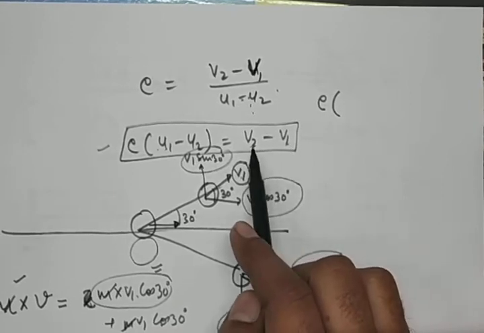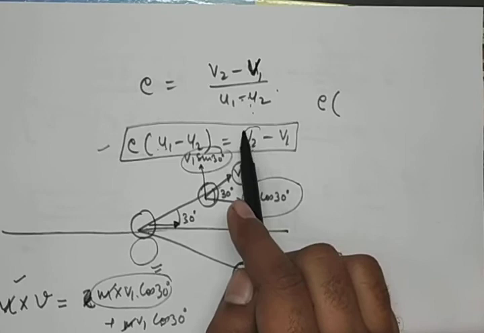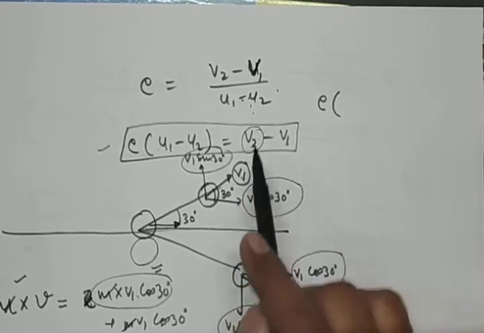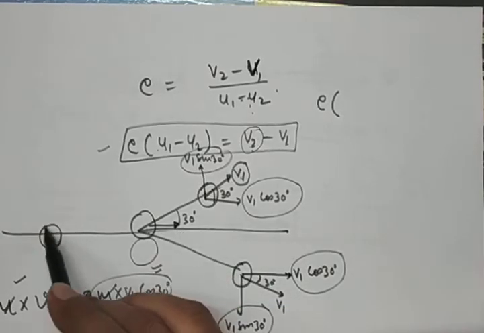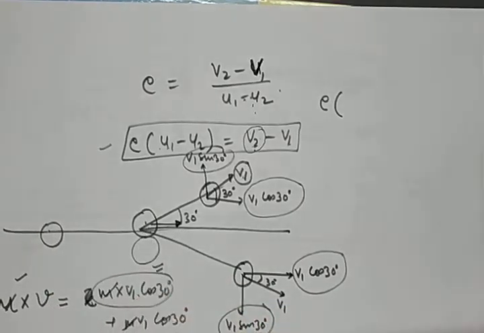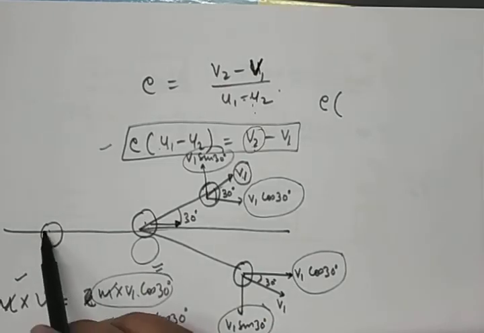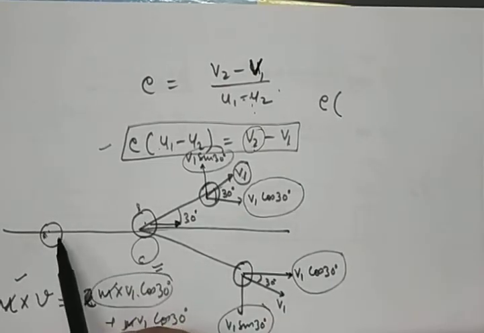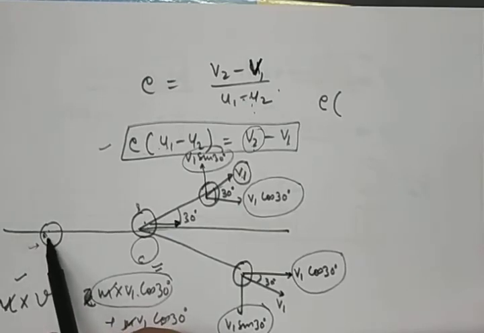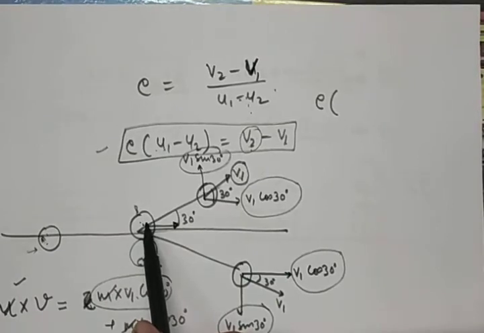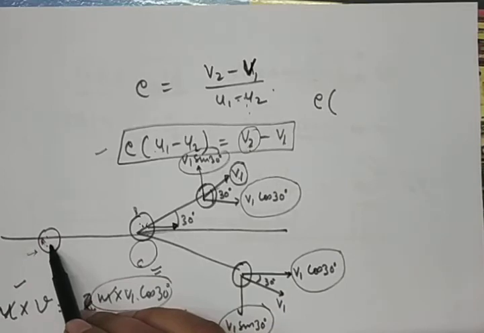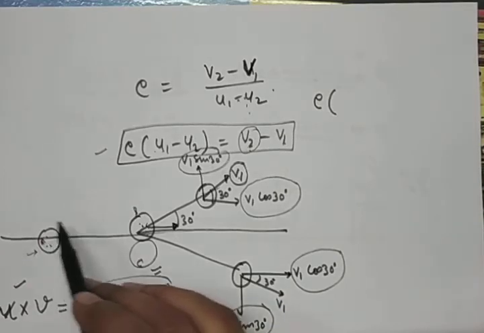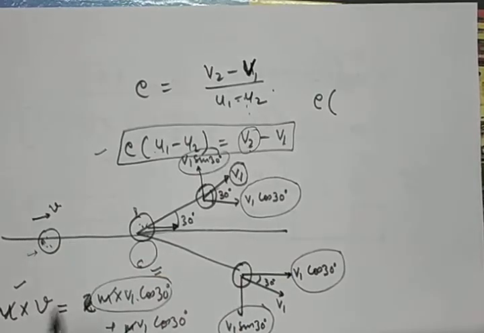What is v2? v2 is the velocity of this ball. I will apply the equation for this ball and this ball. There are three balls, A, B and C. I am going to calculate the value of e for this and this. Initially this ball will move with velocity v, so this is v.